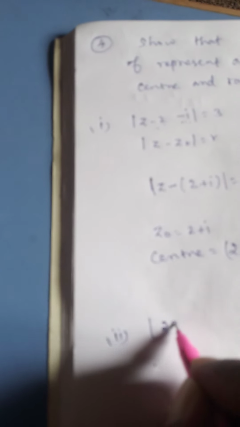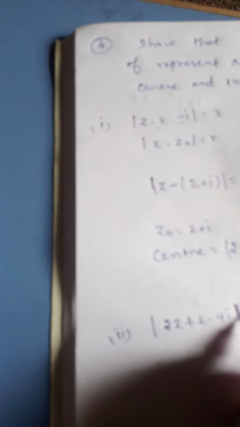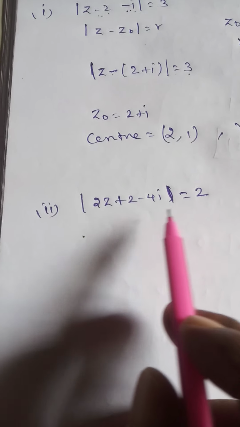Modulus of 2z plus 2 minus 4i equal to 2. First, take 2 common: 2 times (z plus 1 minus 2i) equal to 2.